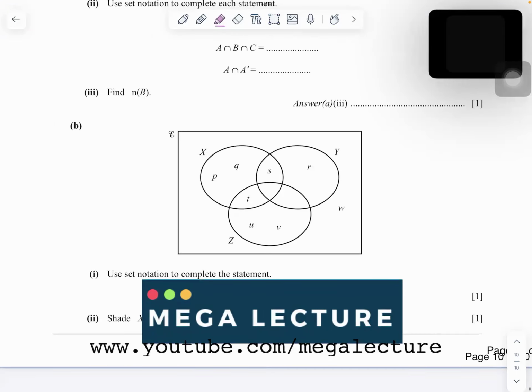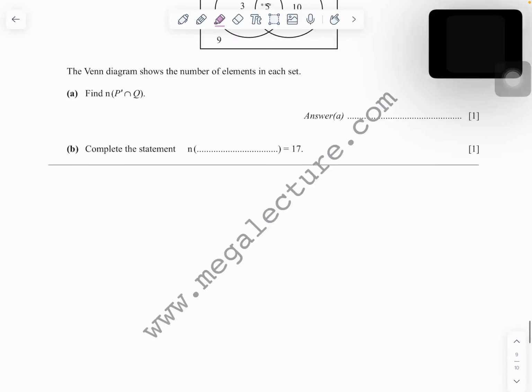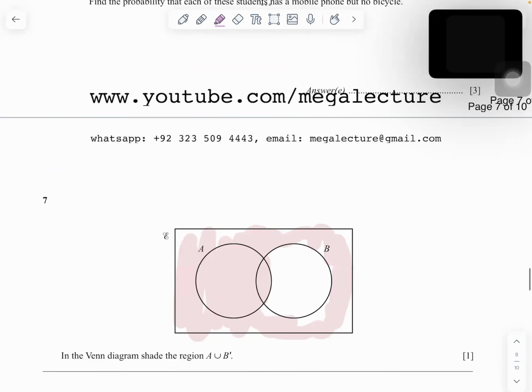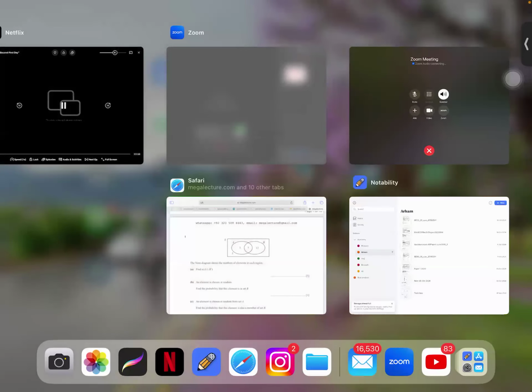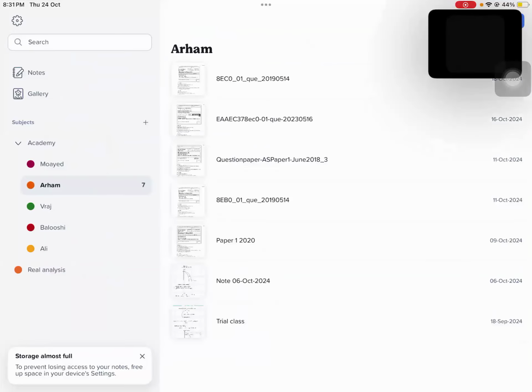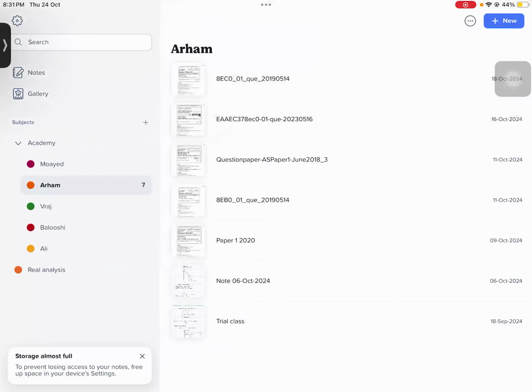Okay. So we need to look at how we can do set notation through a shaded Venn diagram.